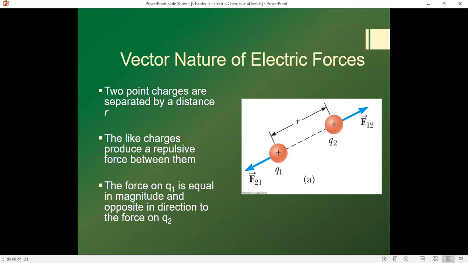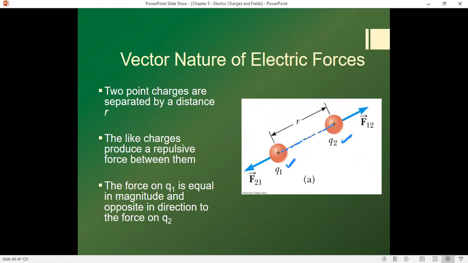And again, we have to think about the vector nature of the electric forces and decide, whenever we're solving one of these problems, what direction the vector is going to go. So in this case, I have 2 positive charges. So r is going to be the distance between them, okay? And the vector is going to point away from the other like charge.